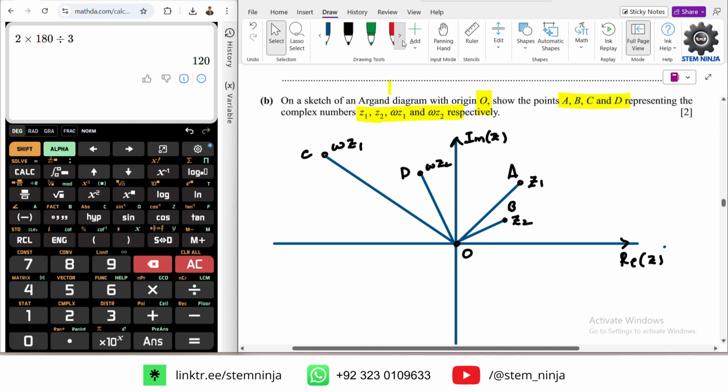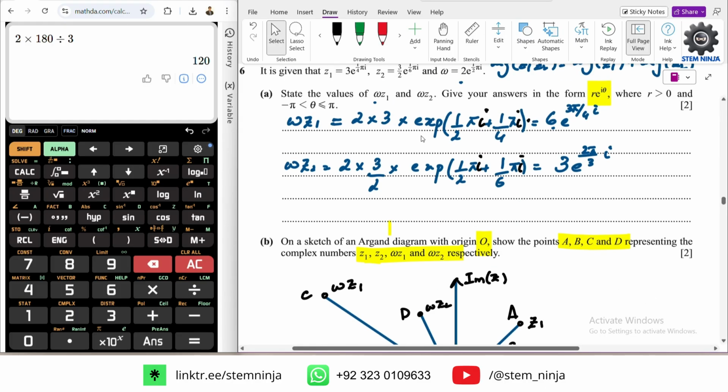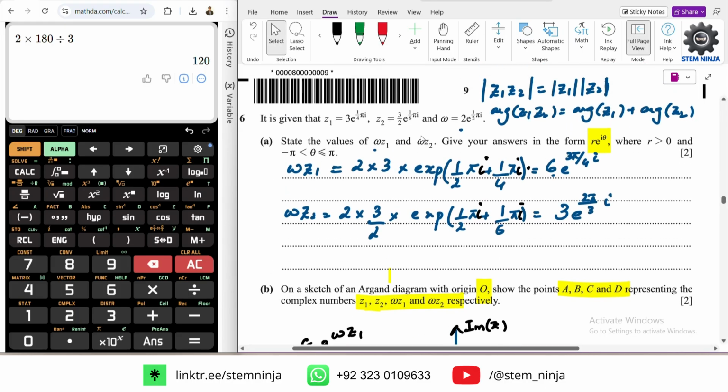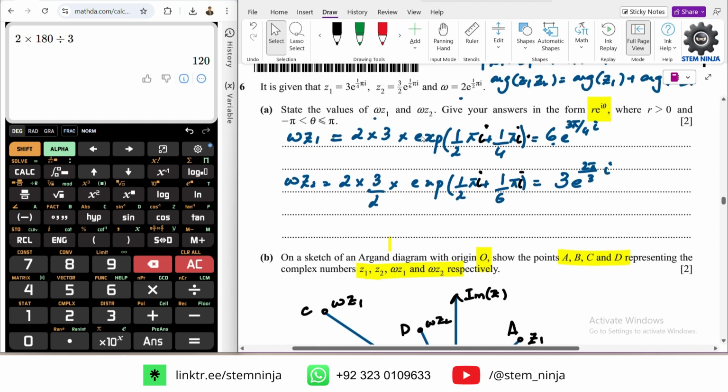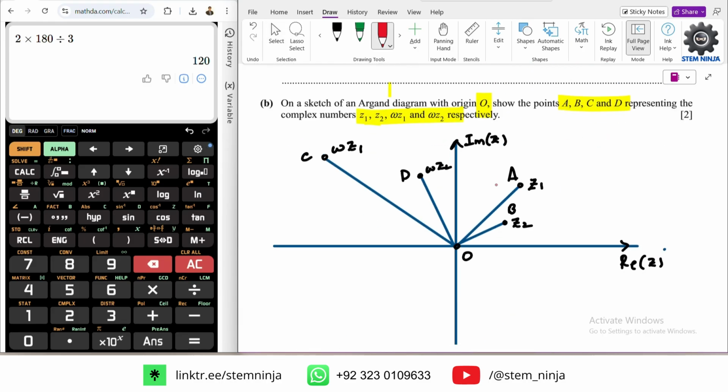Now furthermore, what we can do is write their magnitudes and angles. So the first one, z1 was 3 and pi by 4. So 3 and pi by 4.